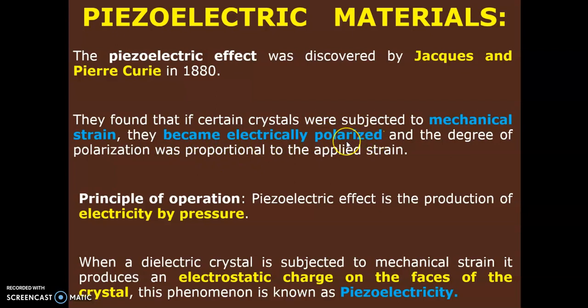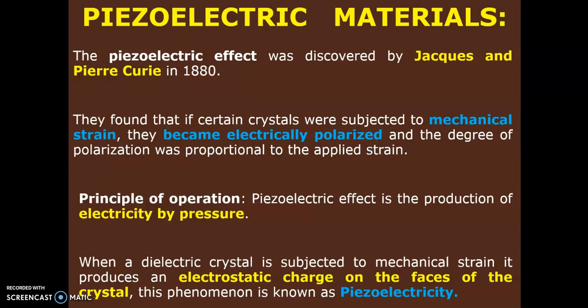Now we have seen what is meant by polarization. Polarization is nothing but a positive charge and a negative charge. The two charges will be displaced by some distance d apart. They will create polarization, and the material will polarize. The material becoming polarized means the positive charge and negative charge are displaced by some distance d.